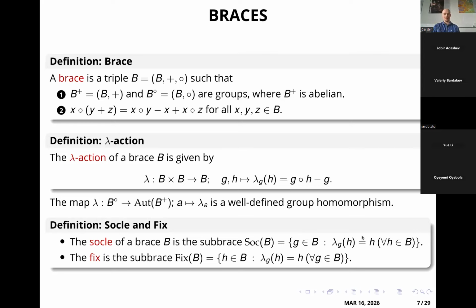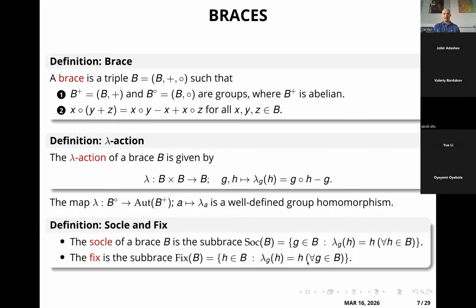And on the other hand, one can also talk about the invariant elements under the lambda action, which is the fix. So everything which is fixed under the lambda action is in the fix. And these are very important invariants, and very useful in order to prove some stuff.